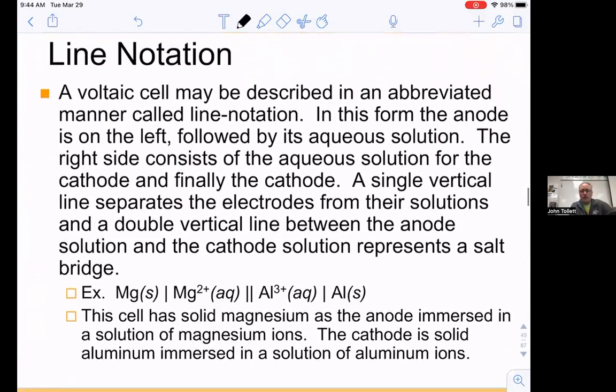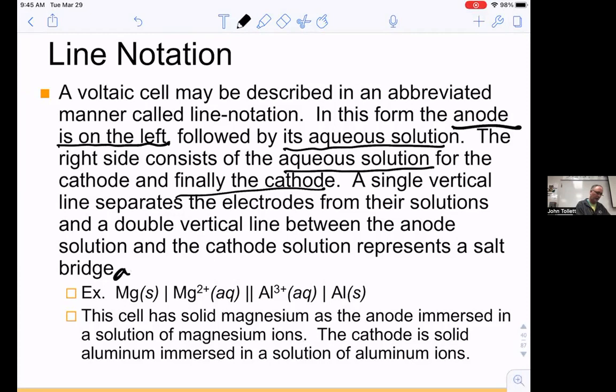So another quick way to write these cells, and you can do this with batteries as well, is to use something called line notation. So in this form, what you do is you set up the anode on the left-hand side, followed by its aqueous solution. And then the right side has the aqueous solution, and then finally the metal cathode.